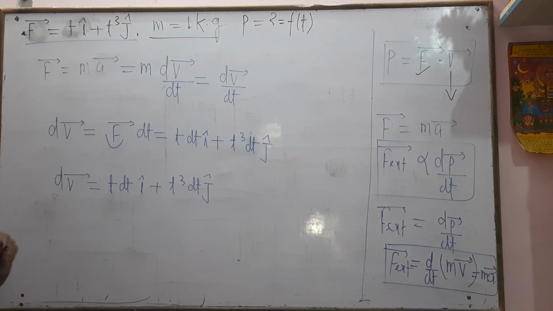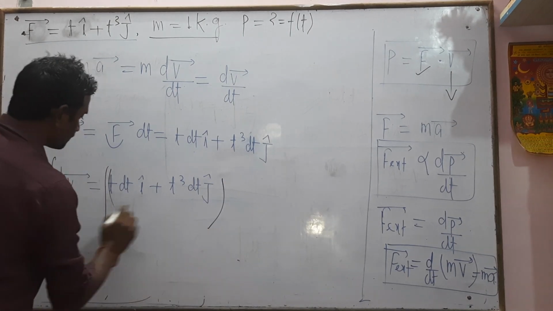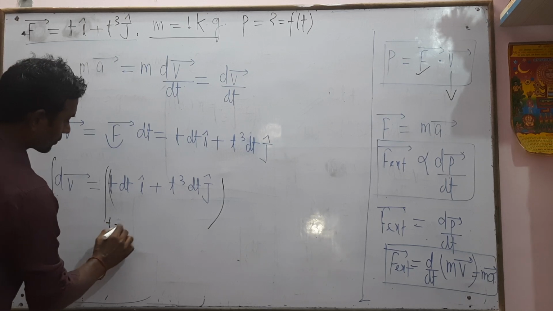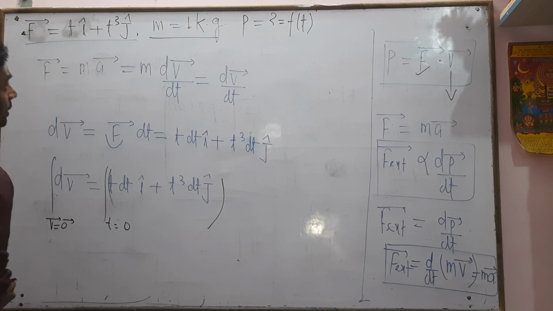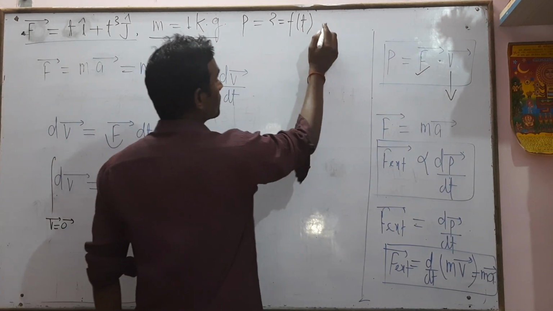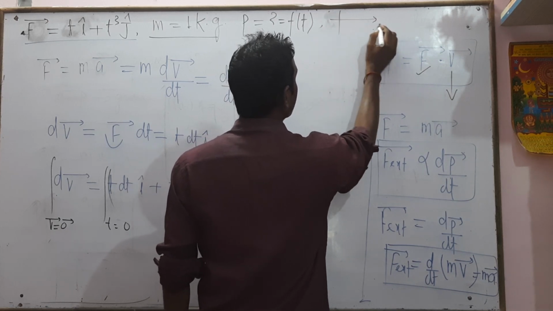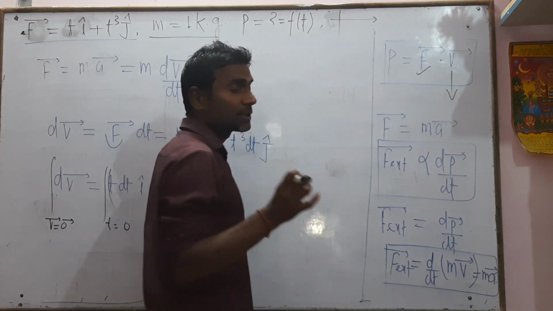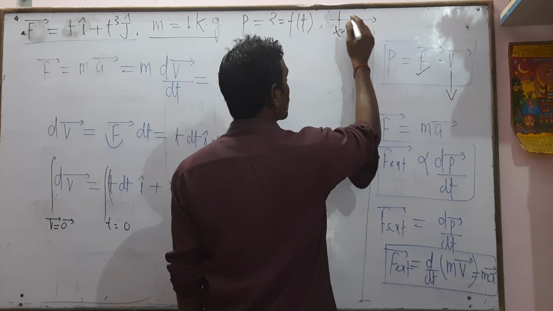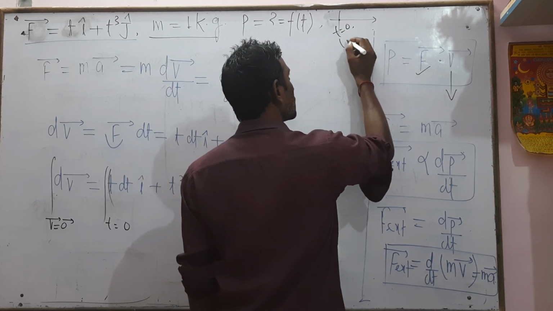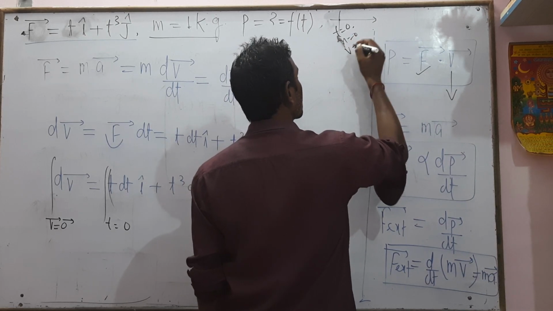Now we can integrate both sides. If time t equals 0, then velocity equals 0. This is the given information. Let us suppose that the particle moves in any direction, but initially starts from the origin, with t equal to 0, x equal to 0, and velocity vector equal to 0.